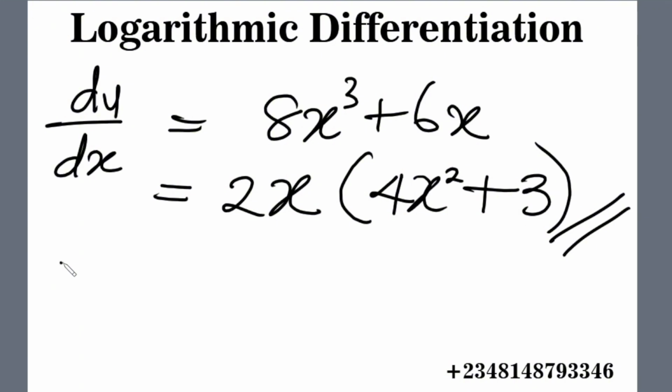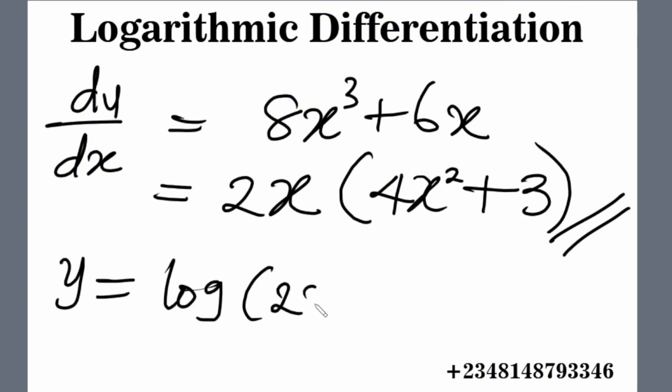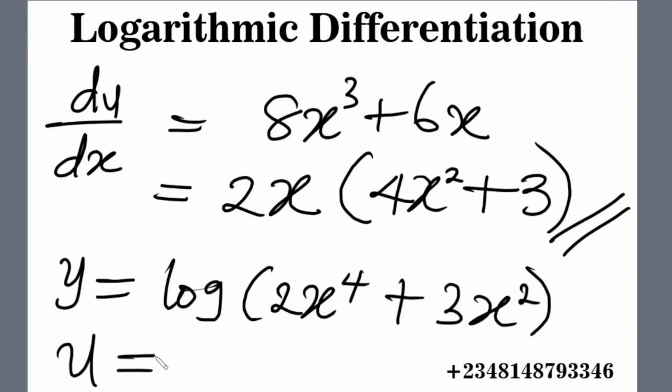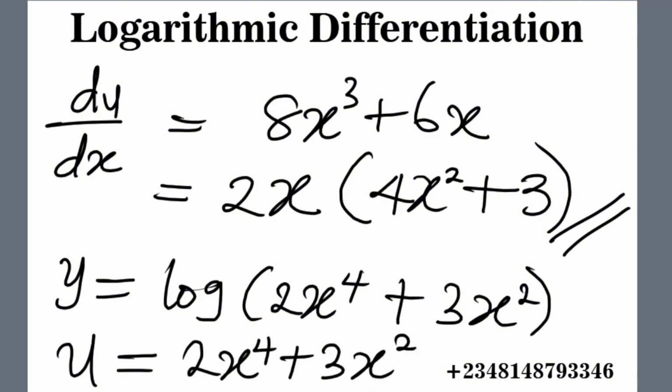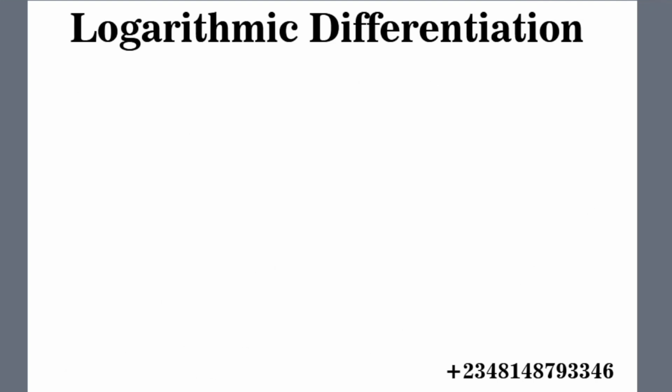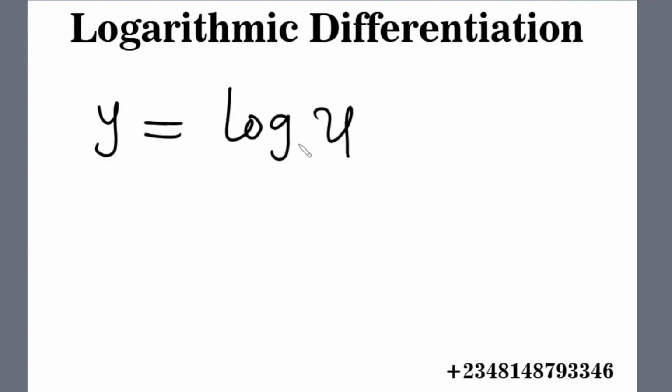Now, since y equals log of 2x raised to the power 4 plus 3x raised to the power 2 and u equals 2x raised to the power 4 plus 3x raised to the power 2, therefore, y equals log u.